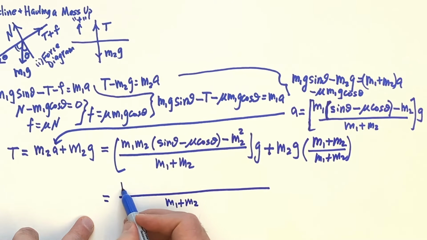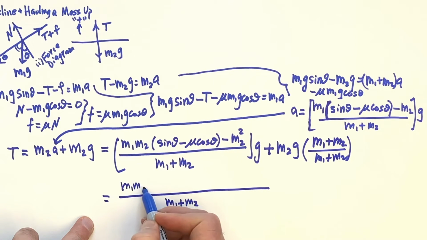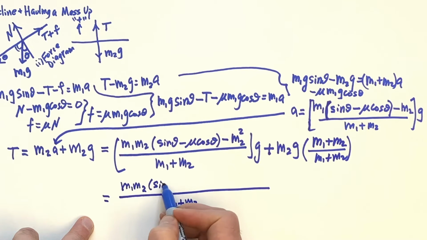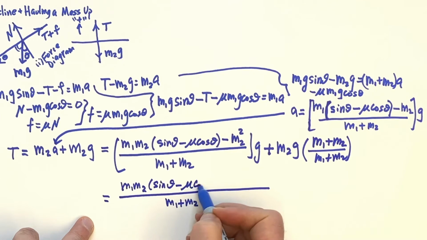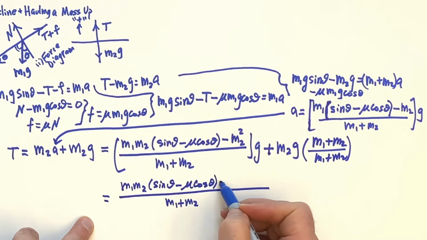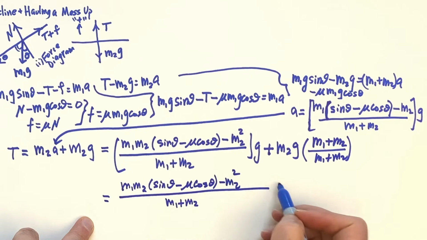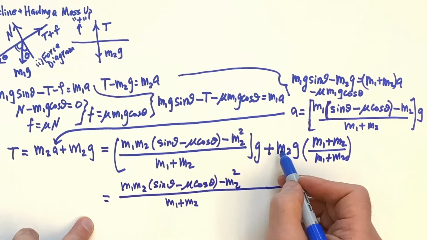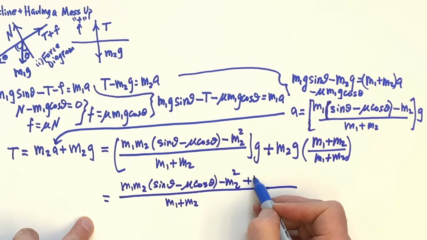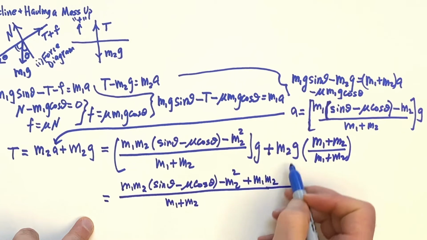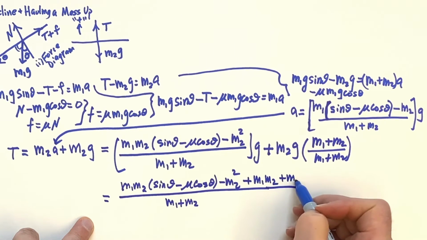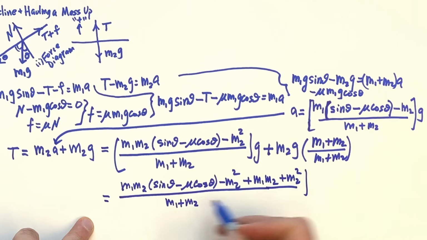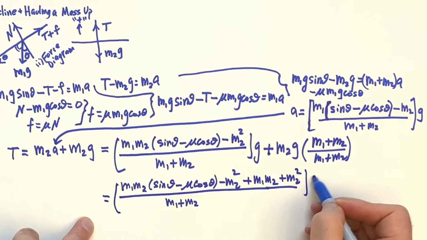Up here we'll have M1 M2, sine of theta minus mu cosine of theta, minus M2 squared. And then here I'll have M1 M2. I'll put the M1 first, and then we'll have the M2 squared. And there's going to be a G outside.